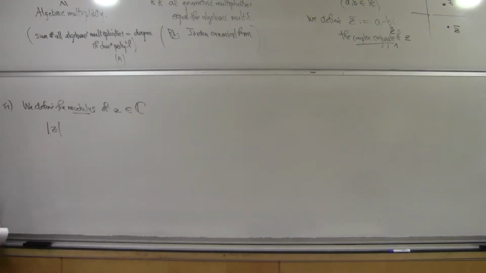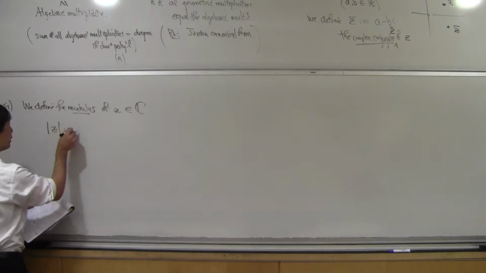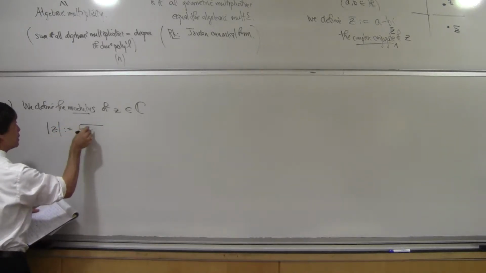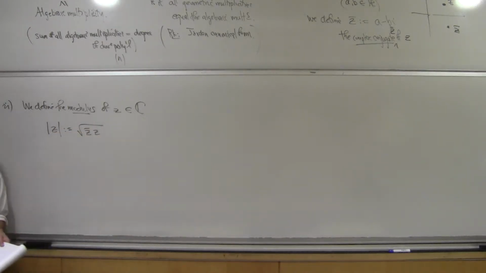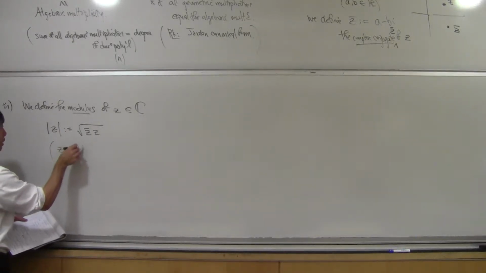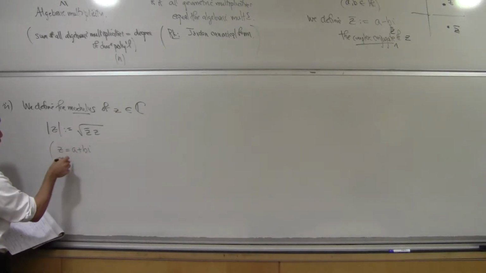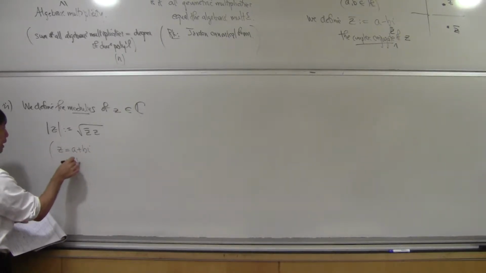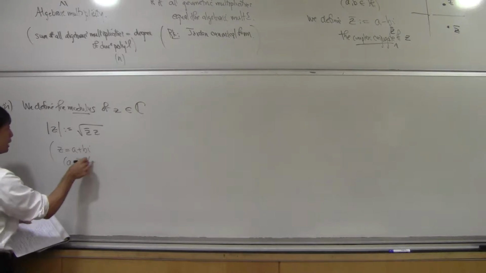We define the modulus as the square root of z bar times z. Okay. Now, if z is a plus bi, then z bar times z is going to be a minus bi times a plus bi.